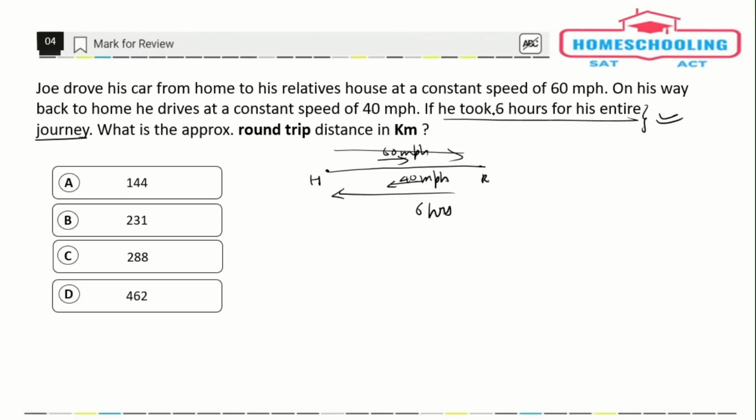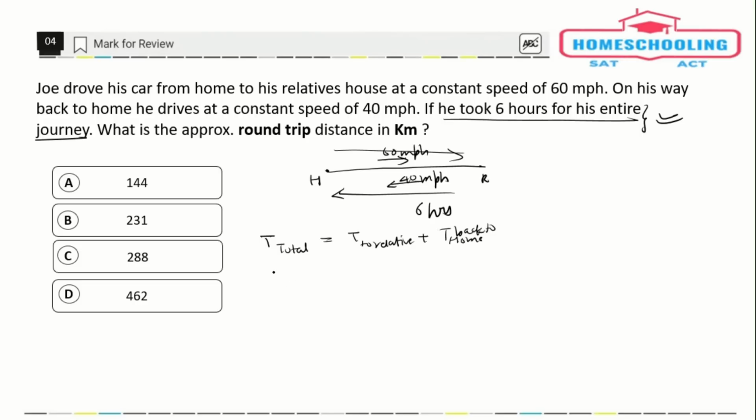So we can say that total time is equal to time going to the relative's house plus time coming back to home.